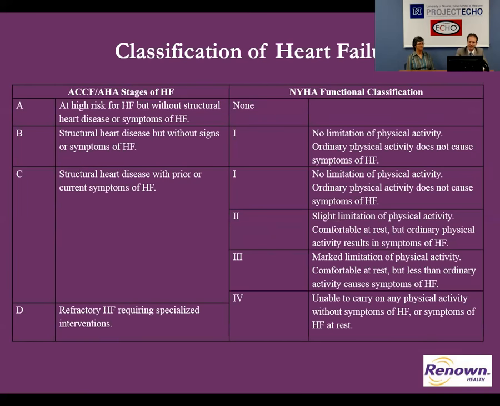And class 3 is they can't get up 2 flights of stairs before they become dyspneic, but they don't have symptoms at rest. And then class 4 is rest symptoms, and that they quickly go from a class C, which is, you know, you're doing all the usual stuff and you can control them, to a class D, meaning that you've done everything you possibly can for them, and they're still requiring, for example, specialized interventions, and you're thinking about things like ventricular assist device, perhaps heart transplantation, et cetera, and so on.